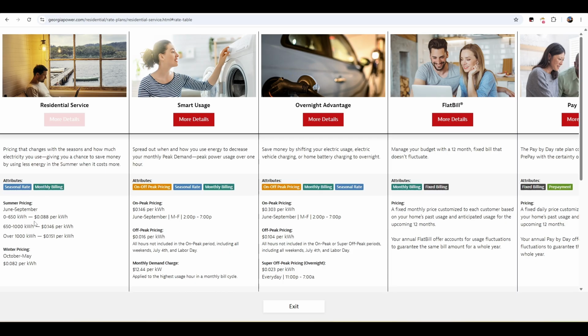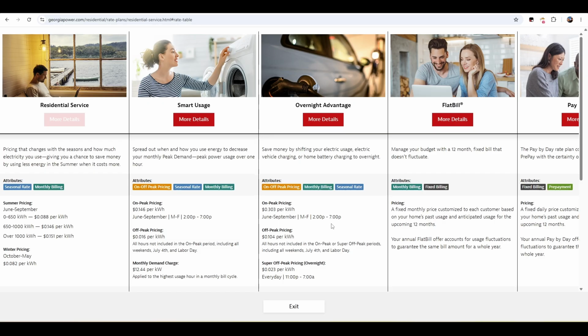So here in Georgia, depending on how much electricity you use per month, you can save money on that per kilowatt hour. Summer and winter, there are so many differences.